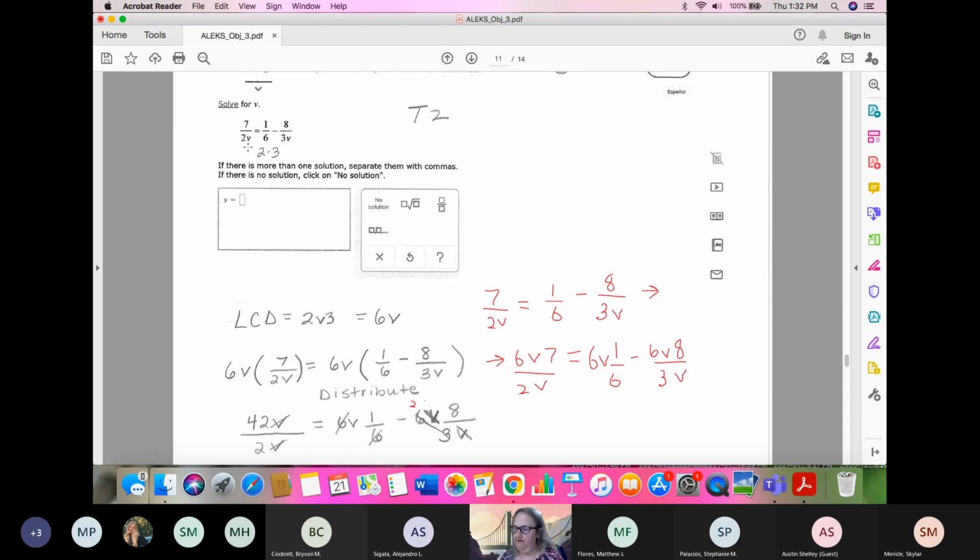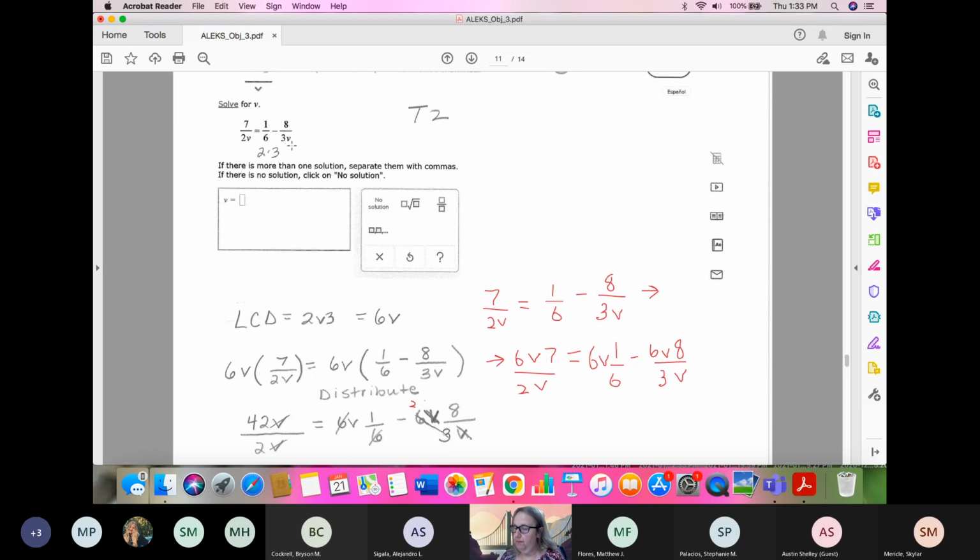It's already going to be in factored form. You want to factor your denominators. And that's step 1. Step 1 is to factor all denominators. So we did that: 2v, 6 is 2 times 3, then we have 3v.